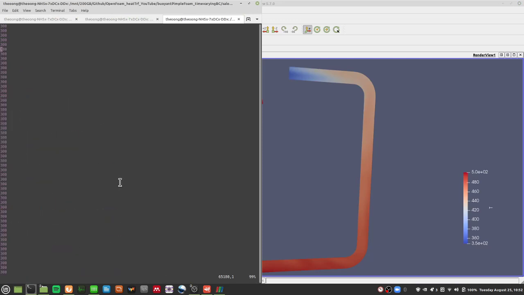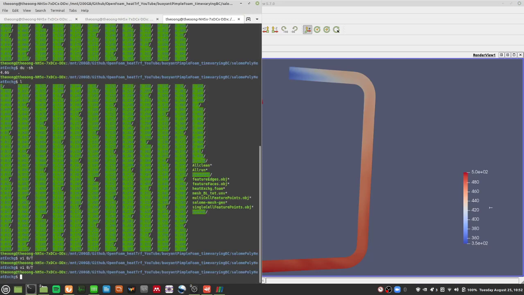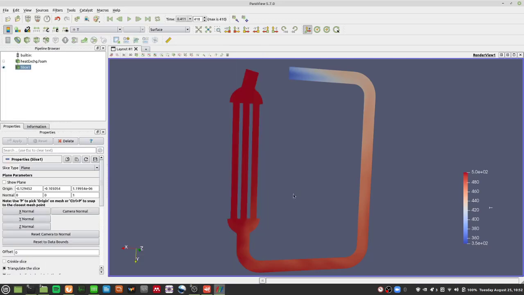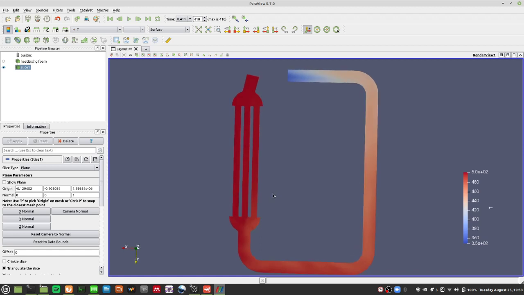And this is buoyantPimpleFoam. Normally it's not very stable, but we can see that as soon as we set this density to be a constant density, it becomes very stable. So that seems to be the trick to get it to work.